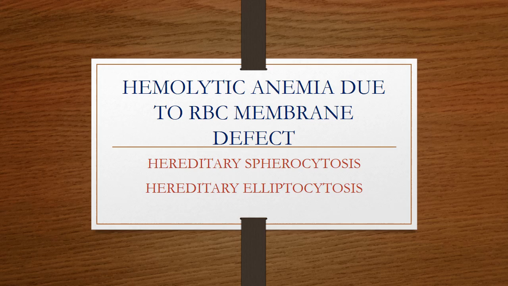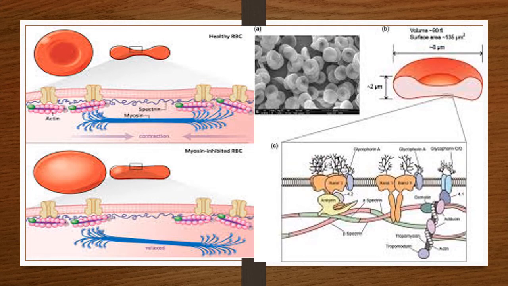Defect due to RBC membranes. Examples: hereditary spherocytosis and hereditary elliptocytosis. Normal red cells have a membrane made up of protein bands held together by other proteins and bound to a lipid layer.